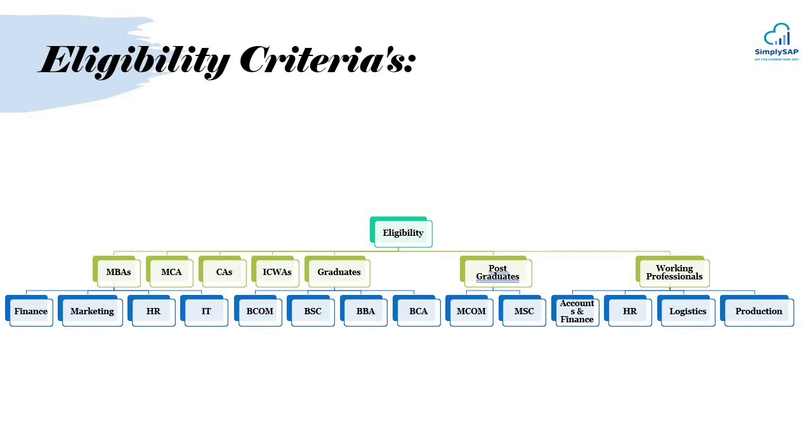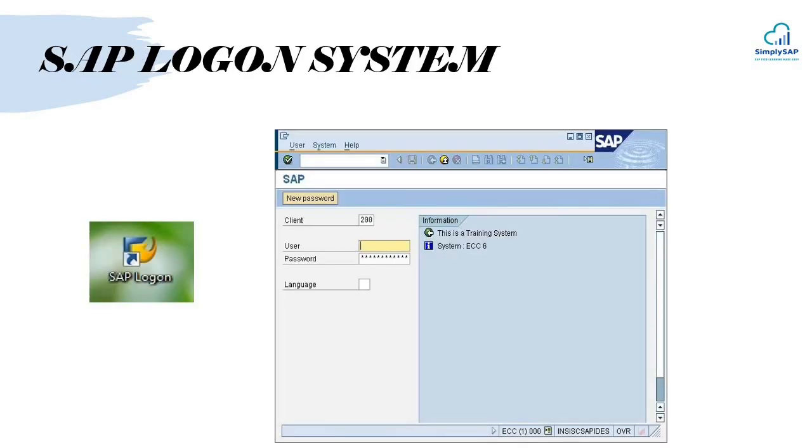Now I will just show you, or we will just take a look at the SAP Logon system. So this is the SAP Logon icon. Whenever you get your system's access, the icon which you are going to see on your desktop is the SAP Logon icon. Whenever you double click on this, you will be able to see this particular interface over here, where the client is 200.